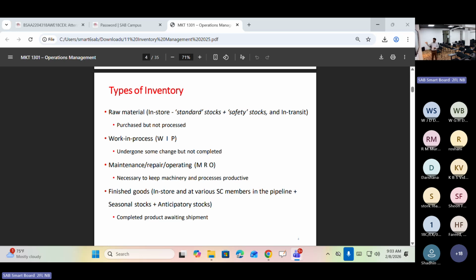As I already explained to you, there are different types of inventories to be managed. As you see in slide number 4, there are 4 types of inventories. One is called raw materials inventories, which are the materials and components purchased but not processed yet. They could be items ordered from your suppliers that are in transit, or items delivered to your warehouse.